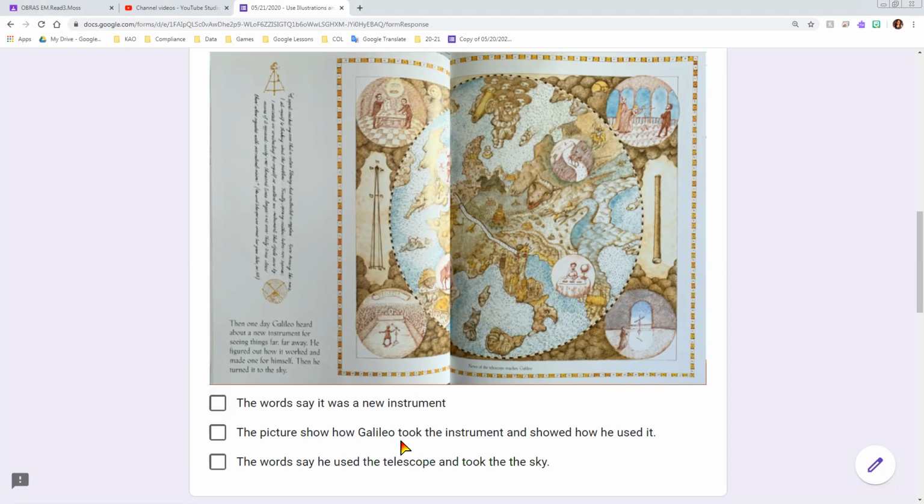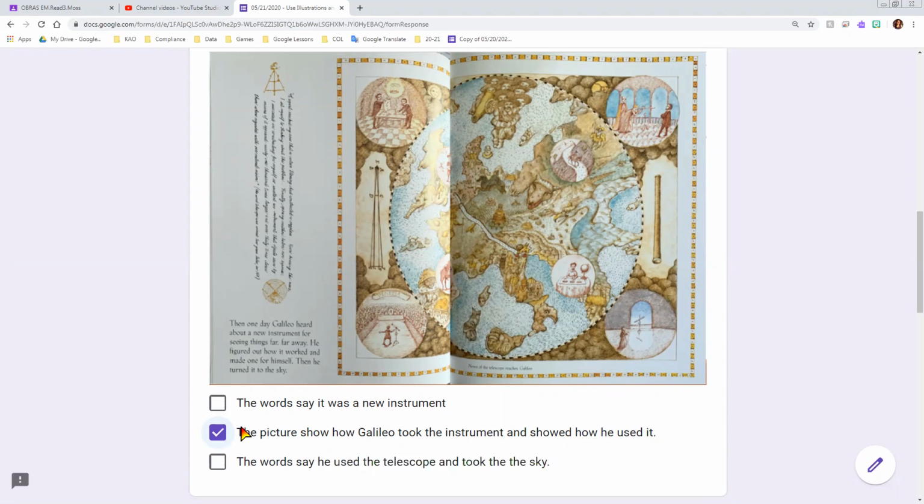The picture shows how Galileo took the instrument and showed how he used it, or the words say he used the telescope and took to the sky. Well, I know that this picture showed how he used it versus how other people were using it before. So I'm going to make sure that one is marked.